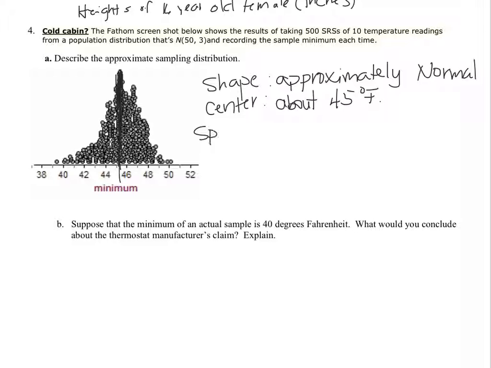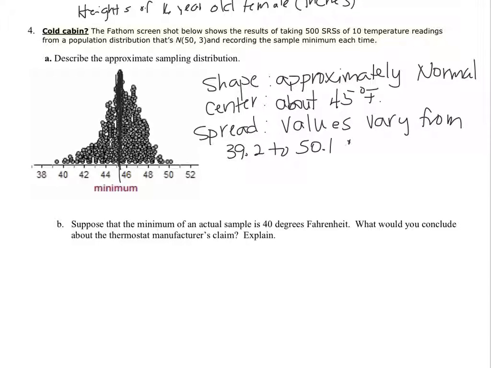So the spread, values vary from the min to the max. So really we're talking about the range. It looks like 39.2 to 50.1 degrees Fahrenheit. And then outliers: there appear to be no outliers.